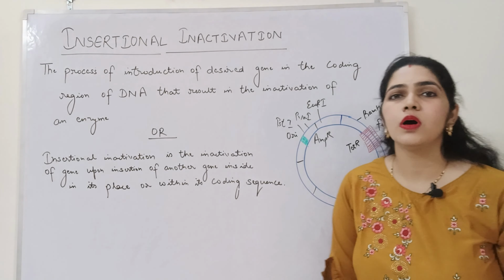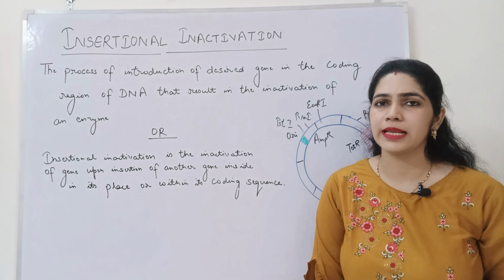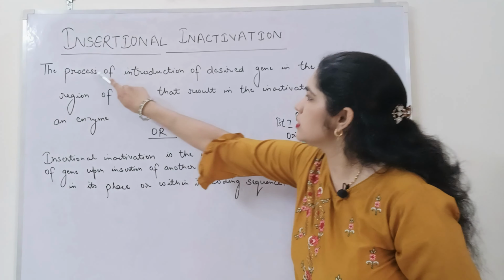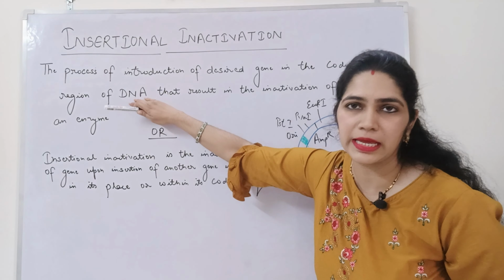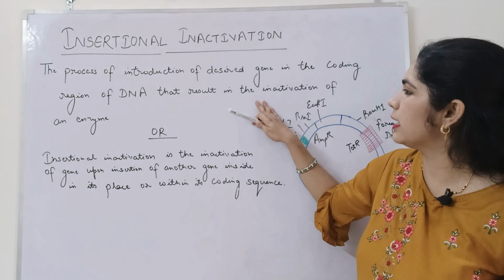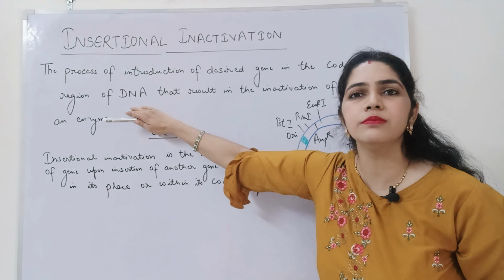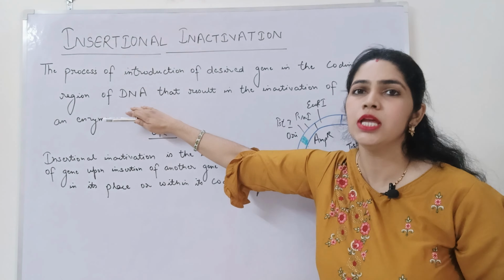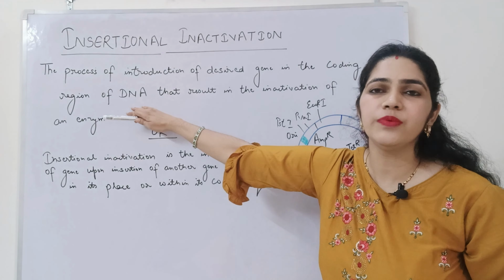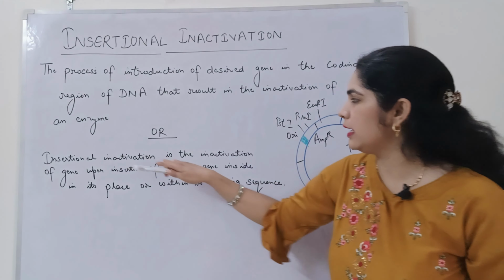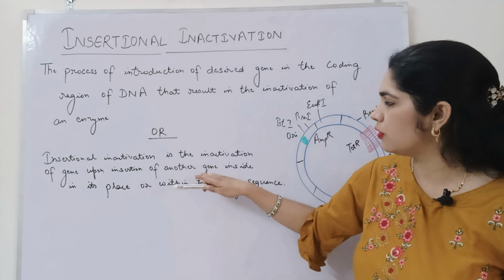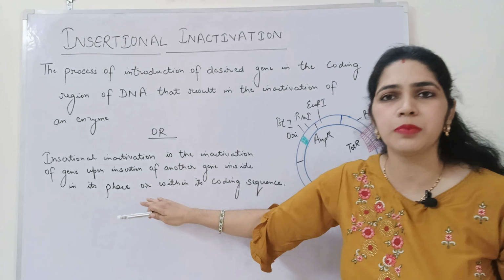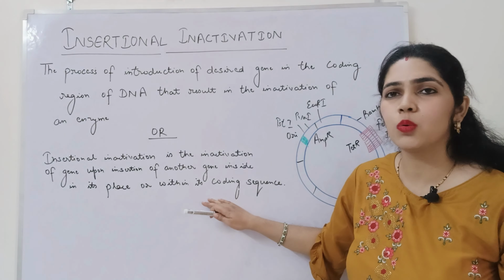Now let's have a look at the statement of insertional inactivation. The process of introduction of desired gene in the coding region of the DNA that results in the inactivation of an enzyme is termed as insertional inactivation, or in other words we can say that insertional inactivation is the inactivation of a gene upon insertion of another gene in its place or within its coding sequence.